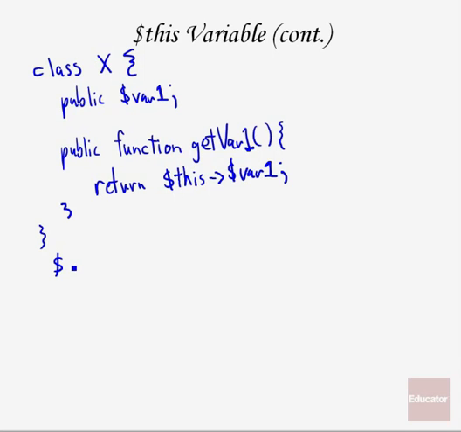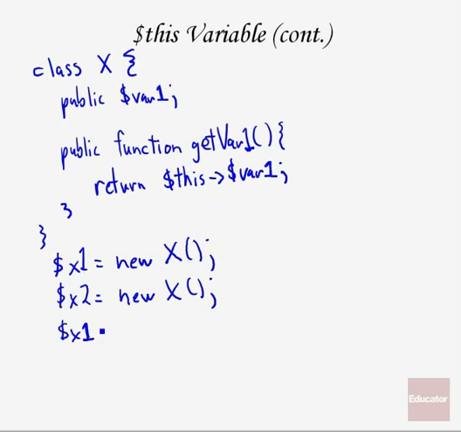Just as in our other application, we're going to define two instances of this X class, and set var1 equal to A and B. Now, as this class is a template, when you create this new instance of the class X and assign it to variable x1, this is basically saying that x1 is going to have this template assigned up here.